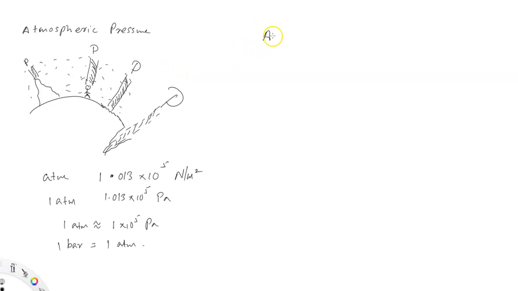Atmospheric pressure, I'm just going to write it as ATMP, sometimes denoted by PA, actually no, P0, sometimes denoted by little letter a, but I don't think it's a good idea to use two different things right now, so let's just say P0. There's another one called gauge pressure, denoted by PG. There's another one called absolute pressure.